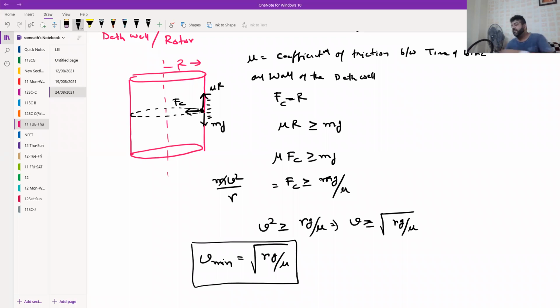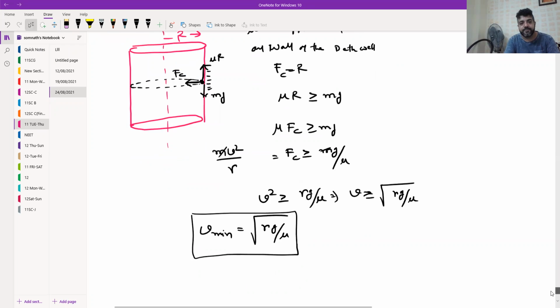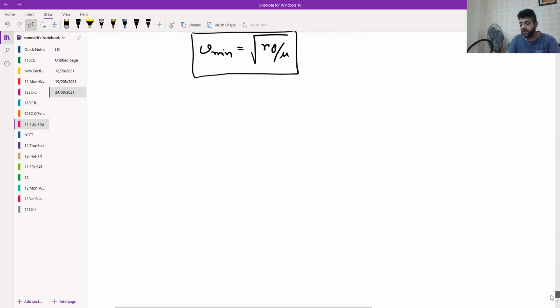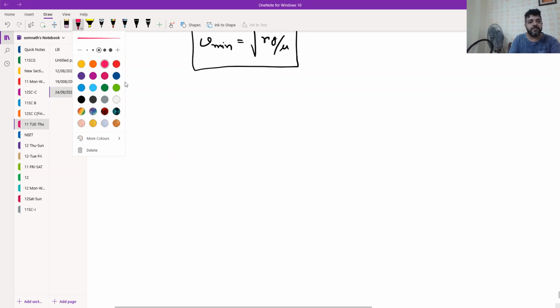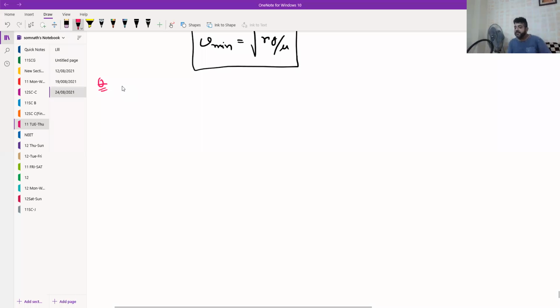See, one question is there related to that. A death well of radius 100 meter. The coefficient of friction between the tire of the motorbike and the wall of the death well is 0.4.